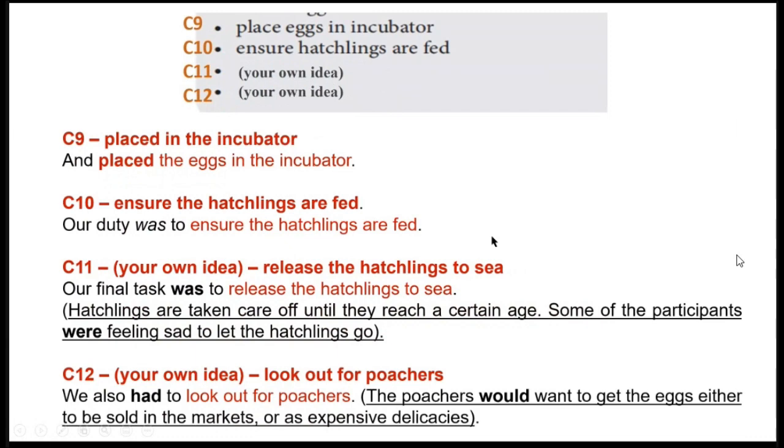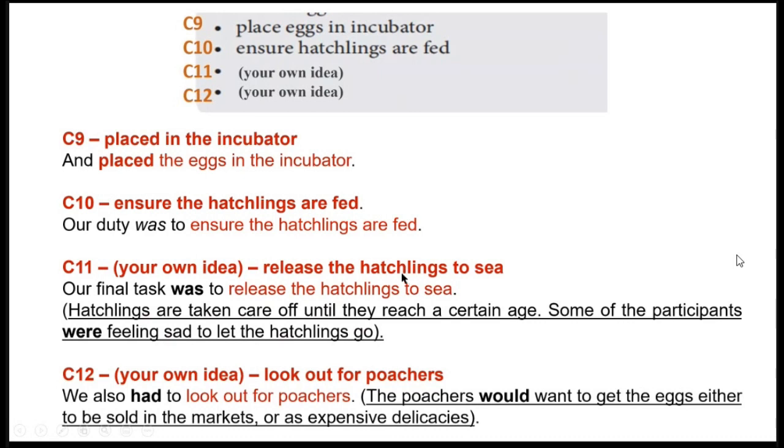Okay, let's look at this. Content point number 9: place eggs in incubator. Our duty was to ensure the hatchlings were fed. Okay, let's say I've changed the question like this. Let's say content point number 11 is your own idea. Content point number 12 is your own idea. Remember, when it's your own idea, you have got to add your own idea.